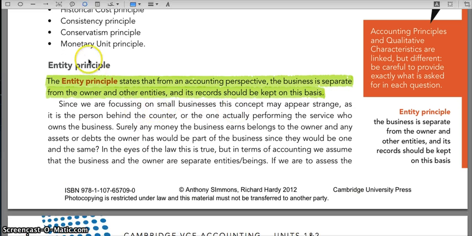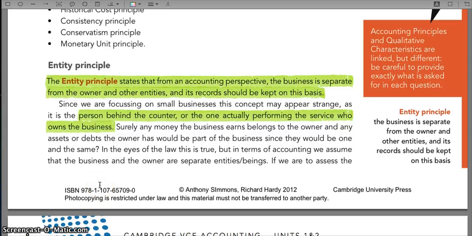Now, as it says in this section here, this might sound like quite a small detail when we're talking about small business, because obviously the person behind the counter is usually the one that owns the business. So it might sound like it's quite trivial, but when we start moving up into bigger businesses where you have multiple owners, the business is a separate entity for accounting purposes.